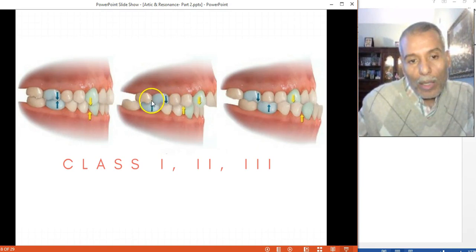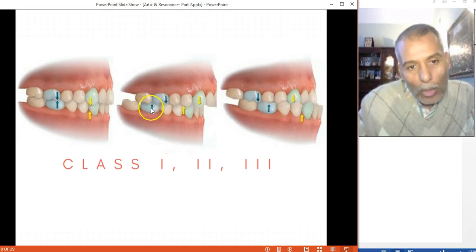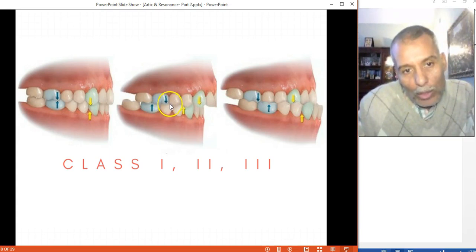So here, the middle image, we have the first mandibular molar retracted by at least one tooth beyond the first maxillary molar. You say, yeah, but how come it is only half? No, you look where it is supposed to be.